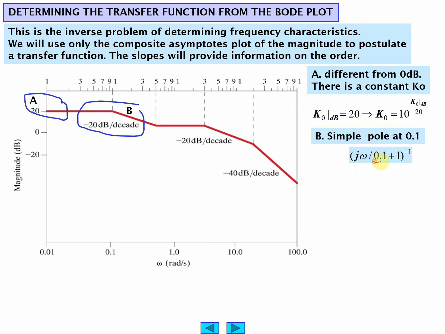Here's the 1/10 right there. J omega divided by a 10th plus 1.